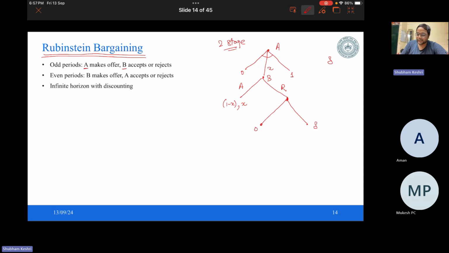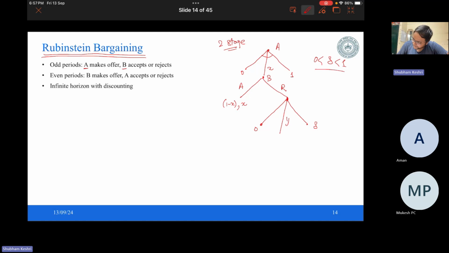The range has become 0 to delta. In the previous case, we had 0 to 12 cookies in the first stage, which became 0 to 10. Now from 0 to 1, we are going to 0 to delta. Delta is more than 0 and less than 1.